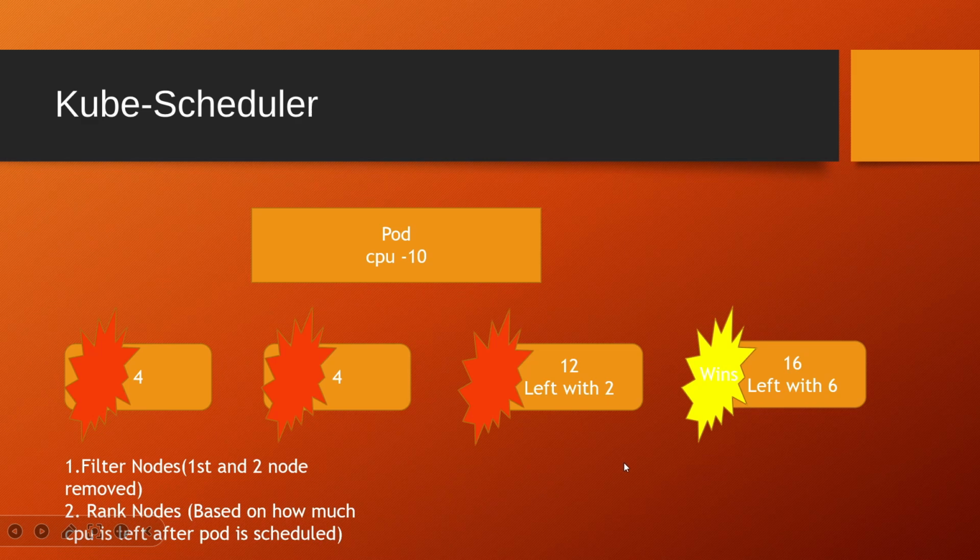Then the rank node mechanism comes into the picture. If it deploys this pod on node 3, then that node will be left with only 2 CPU, and the fourth node will be left with 6 CPU. So node 4 wins, because the maximum CPU left over is on node 4.